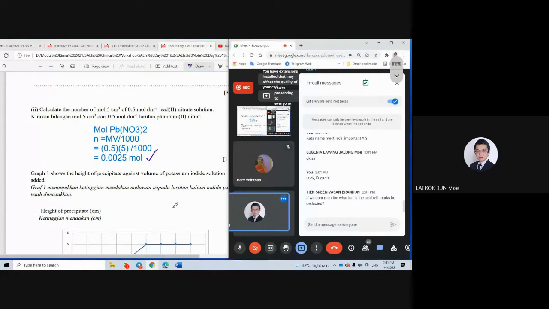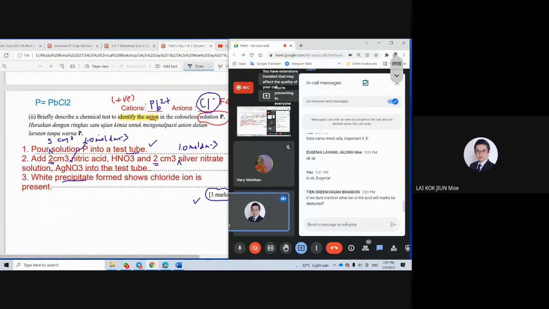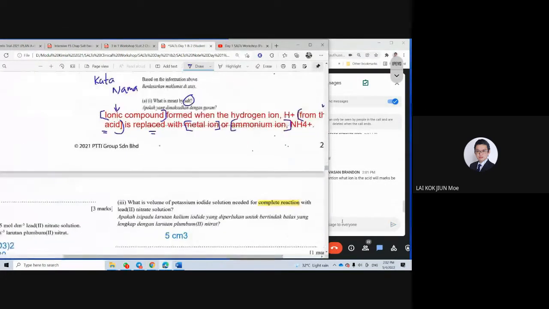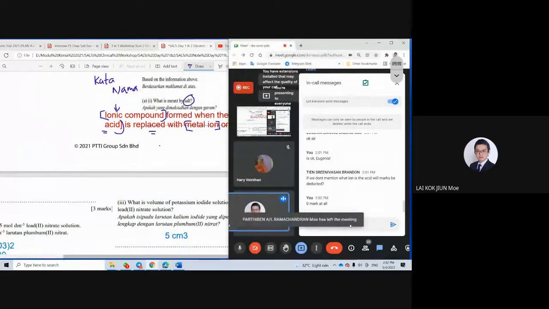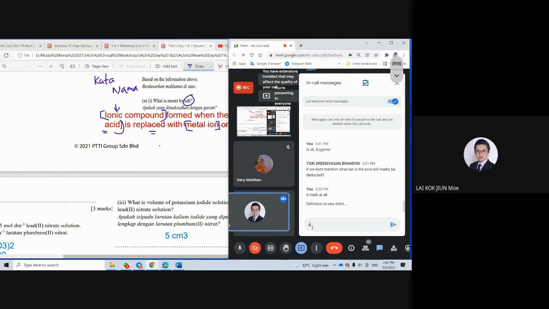What ion is it? No marks. Brandon, totally 0 mark. Marks off. Because definition actually is the bonus mark for you all. For definition, all the markers are very strict and will check your answer very strictly.